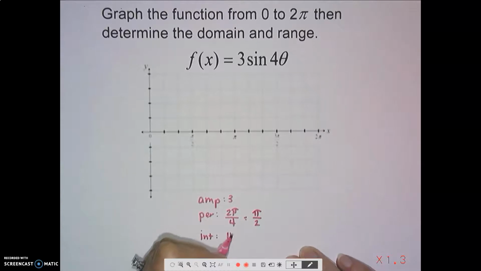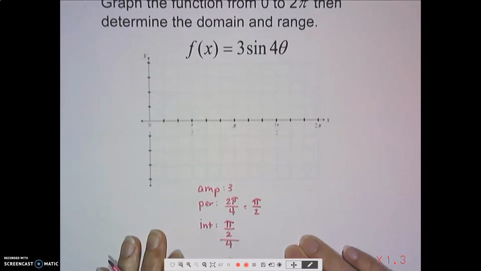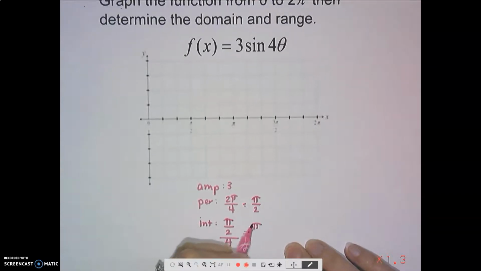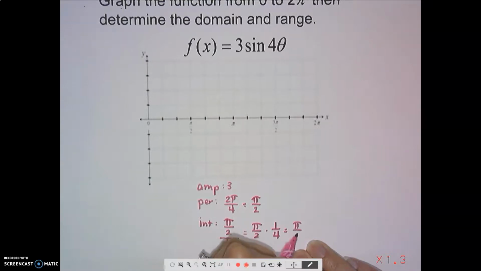And our intervals, we're going to take pi over 2 and divide it by 4, which means we take pi over 2 and multiply it by 1/4. So every pi over 8, we're going to be marking something.